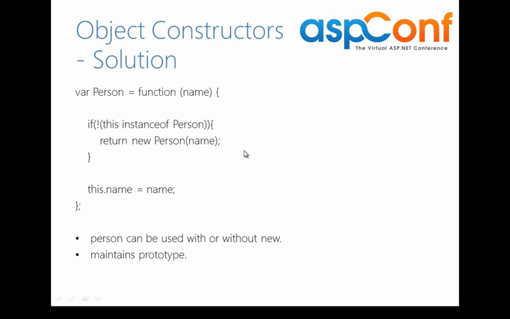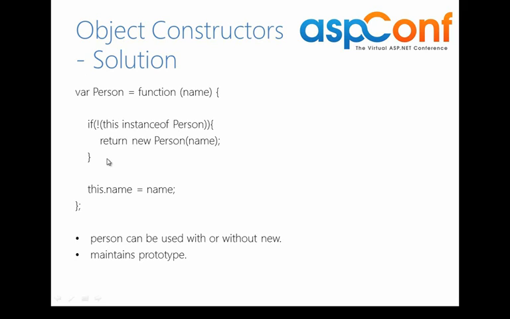So if someone happens to forget to use new, they're passing in that parameter, say John. It comes here and sees that this is not an instance of Person, it is the global object.